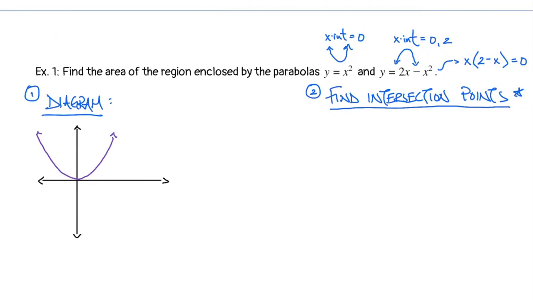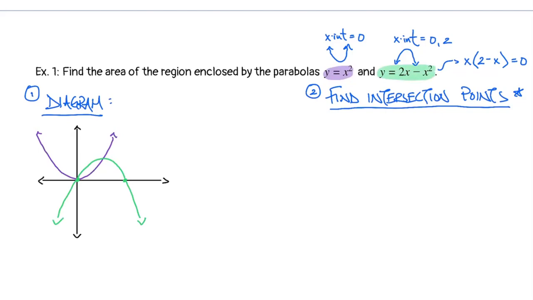Okay. And then we have this downward facing parabola, 2x minus x squared. I know it crosses at 0. I know it crosses again at 2. And so maybe it looks something like this. Right?